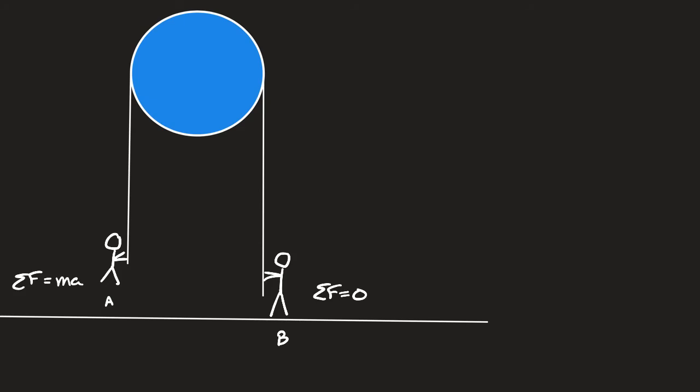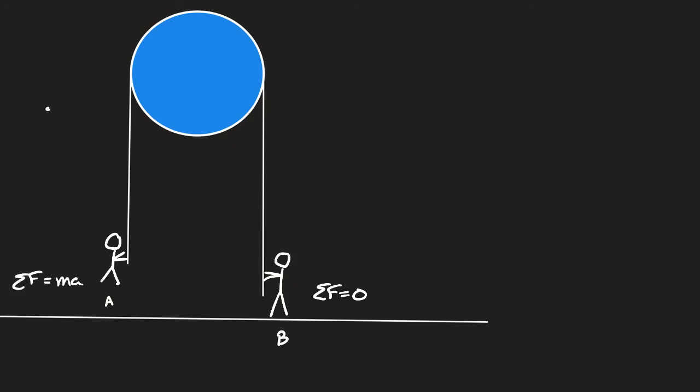Now, I get the fact that there's some confusion about what's happening to person A. Person A is grabbing the rope and pulling down. That's their force on the rope. The rope's force on them is up. Everybody hear that argument? Because that's a Newton's third law pair. They pull down on the rope, so that force is on the rope, but the rope pulls up on them.